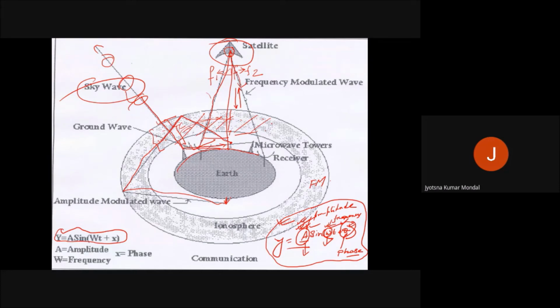So normally we never use the amplitude modulated wave for data communication. But again, with the advancement of technology, we are using a composite modulation, particularly in mobile communications. Amplitude and frequency, amplitude and phase are combined together for proper modulation, and we are using this in mobile communication systems.